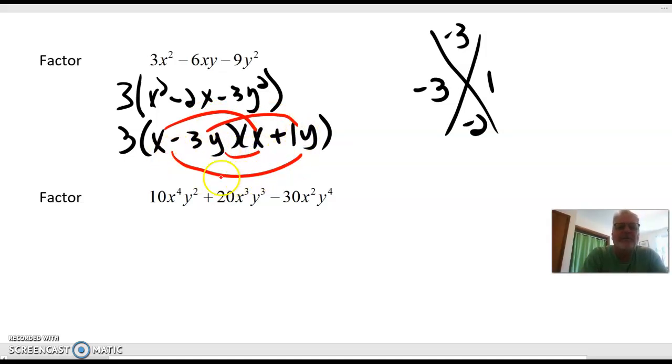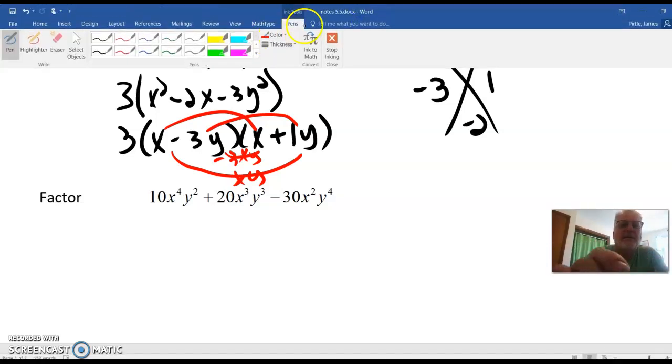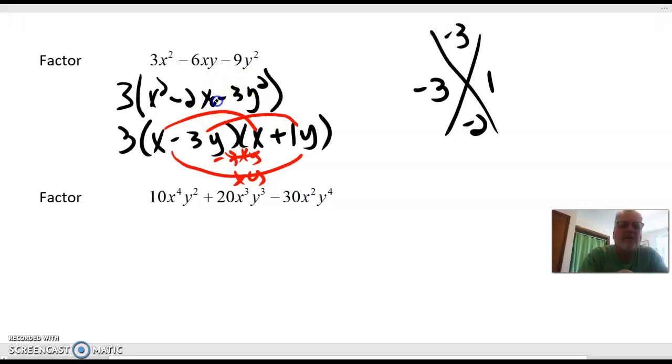The outside gives me 1xy, and the inside gives me minus 3xy. That's where my minus 2xy is going to come from in the middle. I left my y out there. Let's slide that back in there. There should have been a y right here. Let's just factor out that 3.